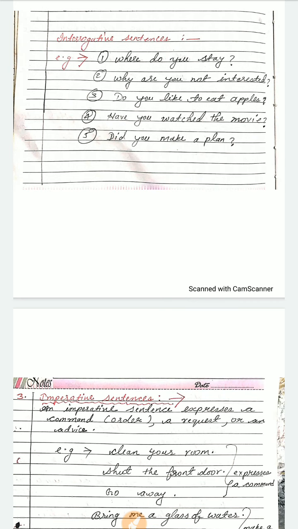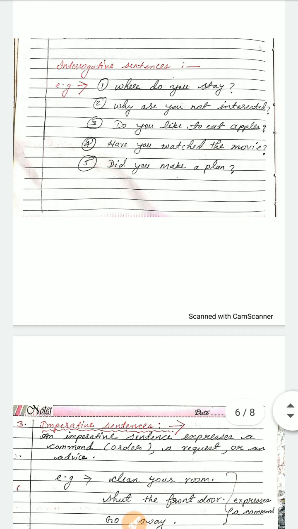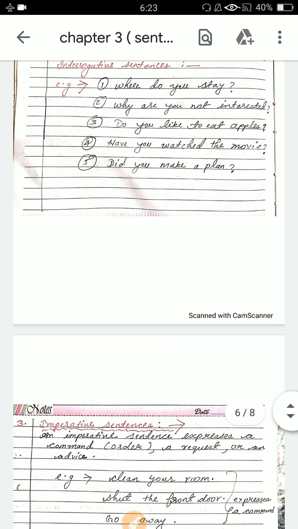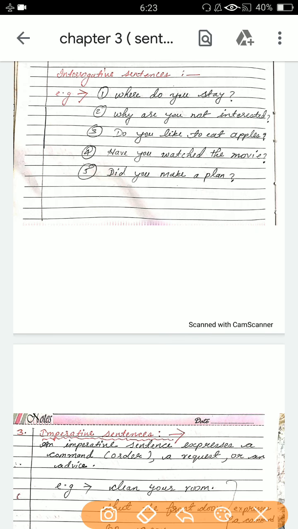Why are you not interested? Do you like to eat apples? Have you watched the movies? Did you make a plan? The first example, Where did you stay? It ends with a question mark, and it's asking where you are staying.